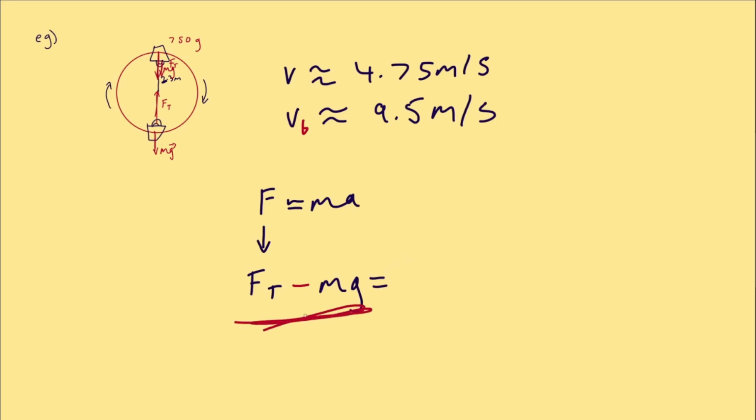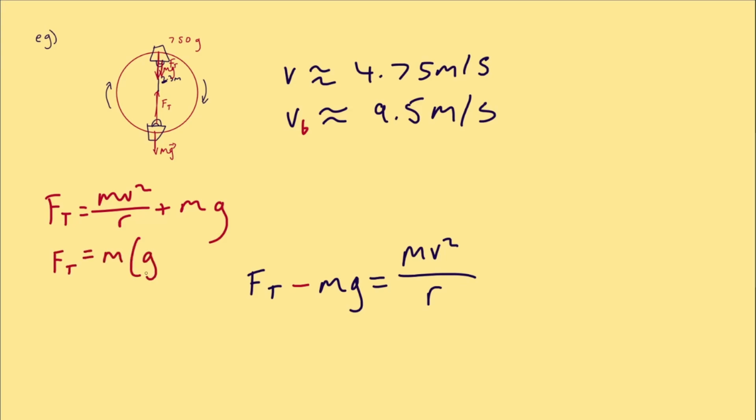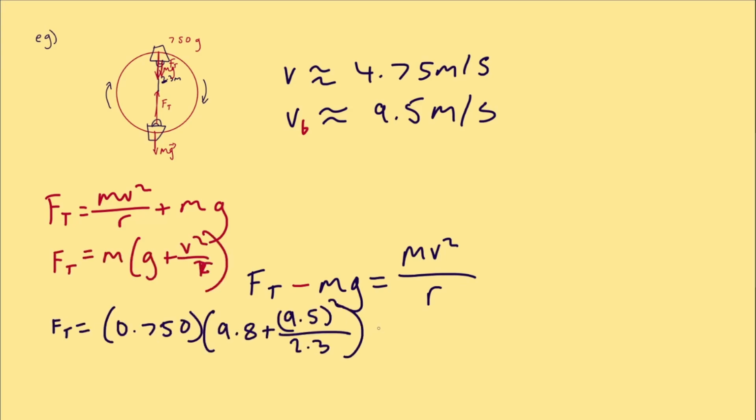Now these forces, that is the centripetal force of the bucket. So we can write mv squared over r. I'm going to go ahead and solve this for tension now. There we go, there's our answer.